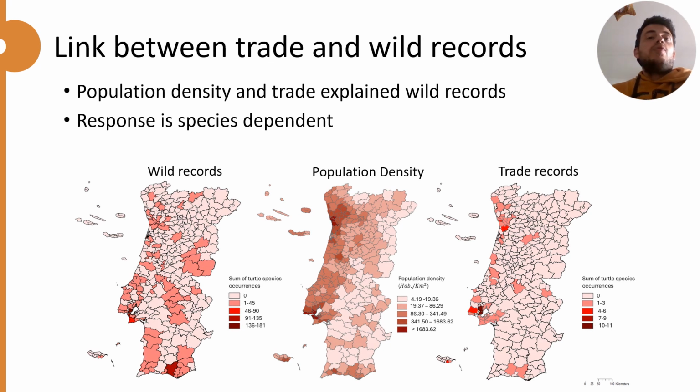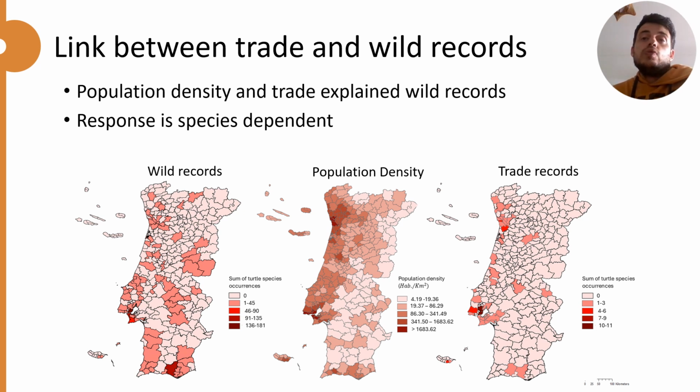Then we did a model to see if population density and trade explain wild records, and both of them explain wild records of exotic turtles. Areas that had higher population density had also more records of exotic turtles, and areas with higher trade of turtles also had higher records of wild turtles.